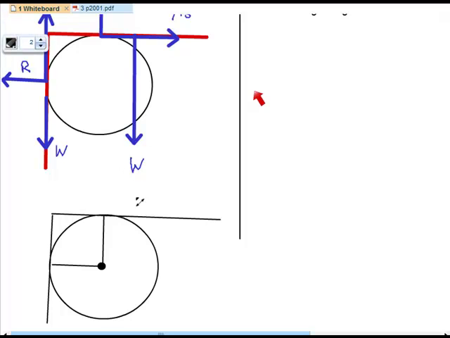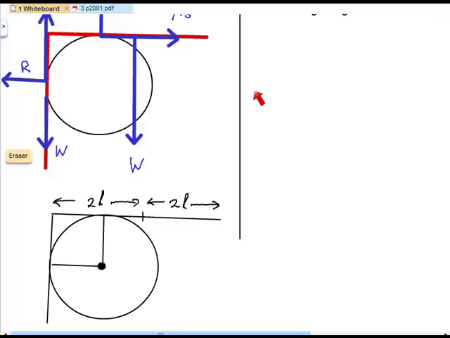If we mark the halfway point here, that means it's 2L and 2L. We've got to be careful not to mix up the length of the rod with the dimensions of the circle. That's 2L to the halfway point of the rod, and 2L there also.